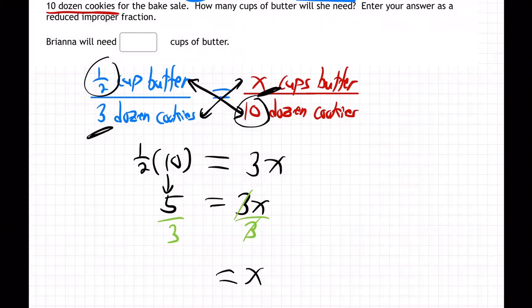Now I've got a fraction. I don't know if they want a fraction answer on this one or a decimal. Let me double check on this one. Yeah, looks like they'll take a decimal or a fraction.